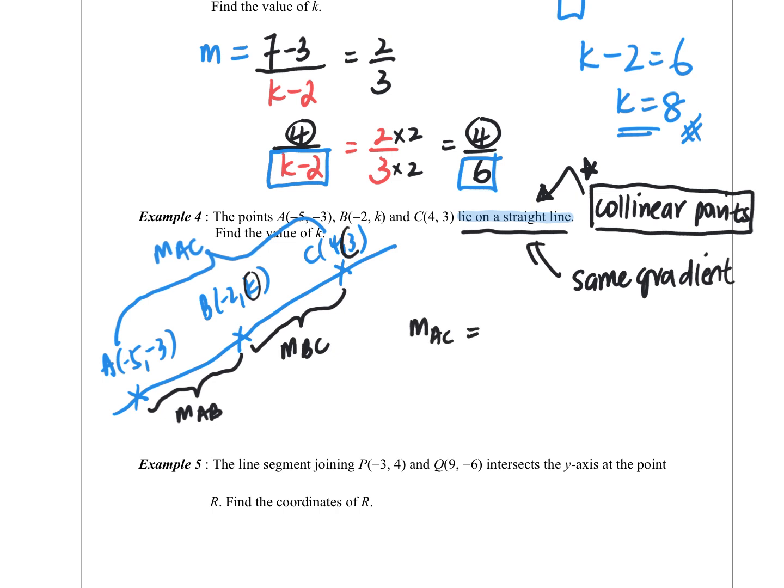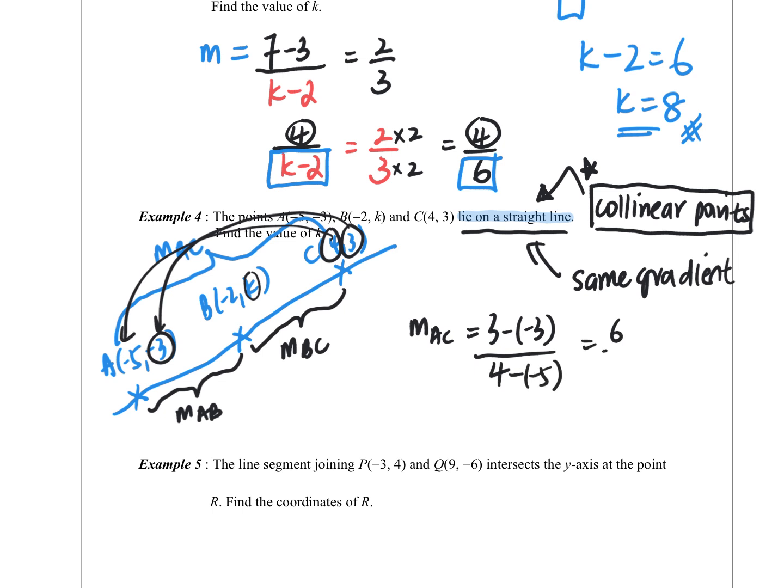So gradient AC, we just decide that this is Y2 minus Y1, over X2 minus X1. So you get 6, 9. That's it, my lesson only one period gone like that. The other line you can choose is maybe BC.